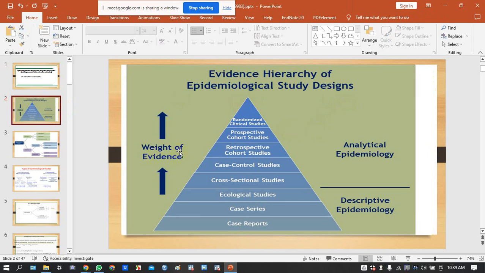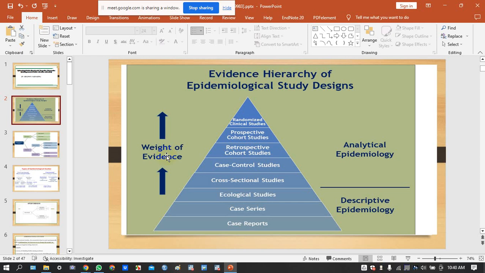Weight of evidence means that every research you conduct tries to prove evidence as to whether what people have found is different from what you have found. For instance, you want to prove evidence that a drug you have discovered is able to cure coronavirus. So that is your weight of evidence.